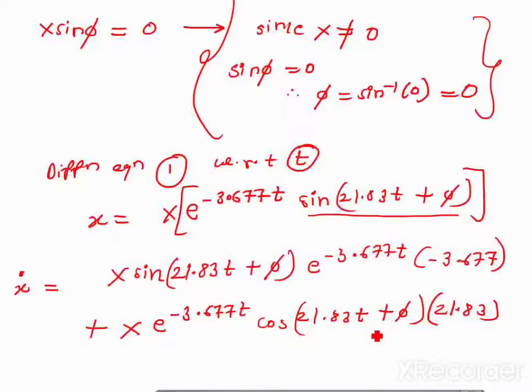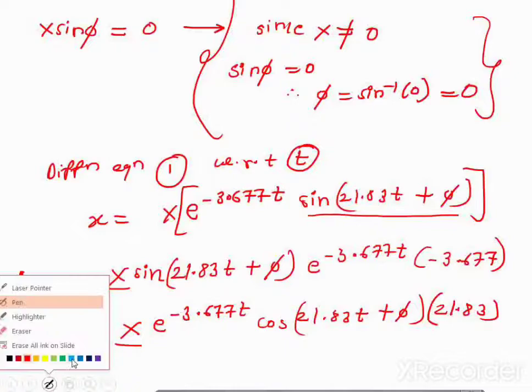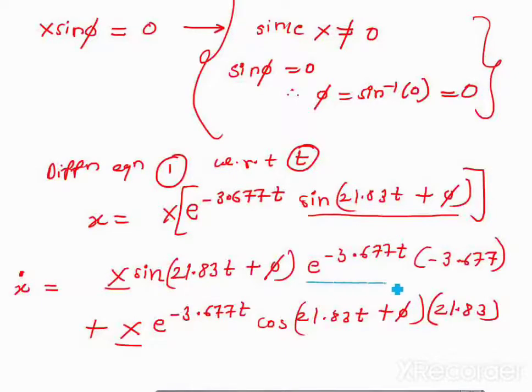Now once you have got x dot, you can see that there are some common terms. X is common, and e raised to minus 3.677t is common.